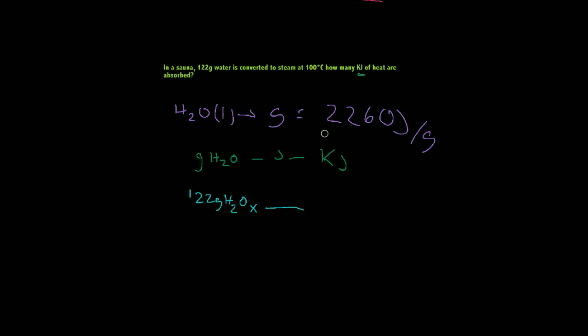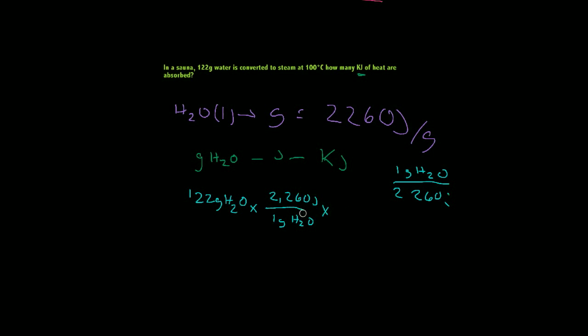We know for every 1 gram of H2O, we have 2,260 joules, right? So we're just going to plug that in. Grams need to be on bottom here, so they'll cancel out into joules. So I'm going to write 1 gram of H2O for every 2,260 joules.